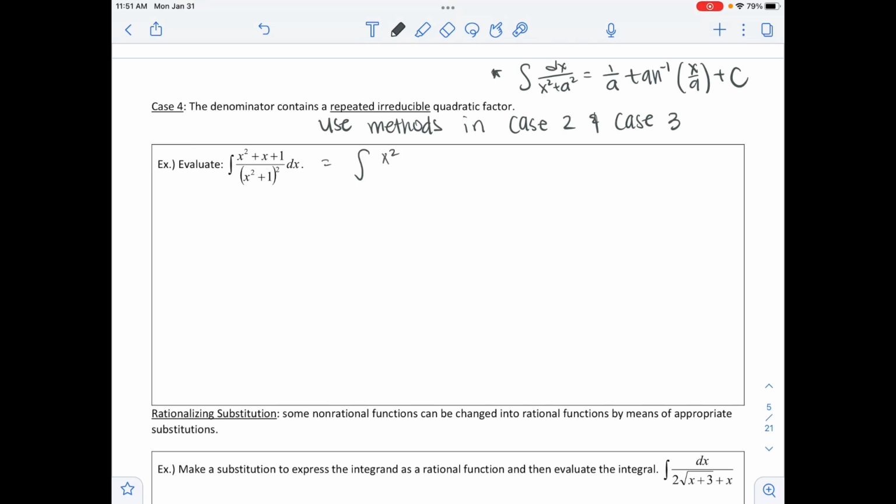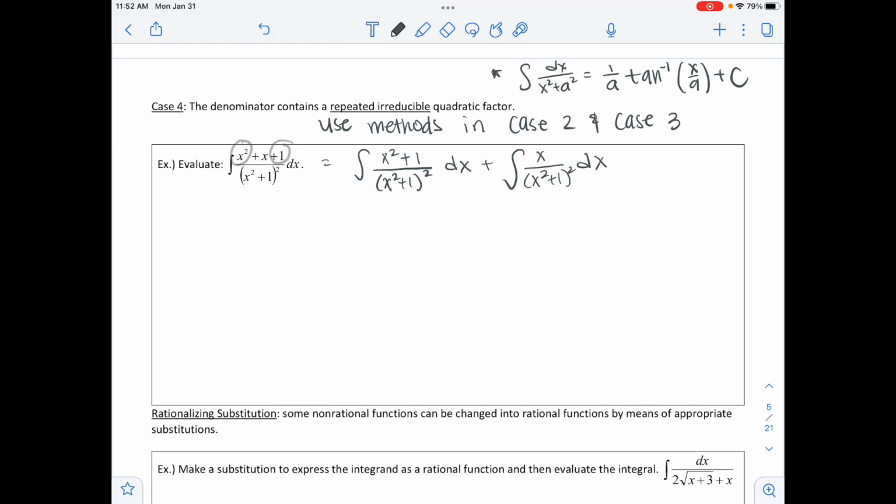Rewrite it as x squared plus 1, which all I did was take these two terms and group them together, over x squared plus 1 squared dx plus what I was left with, and that's just the integral of x over x squared plus 1 squared dx.